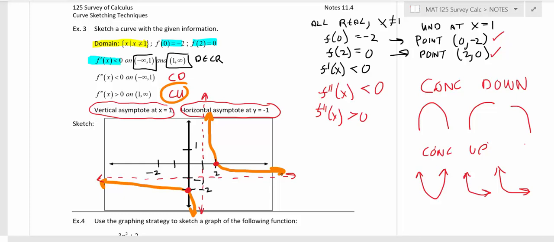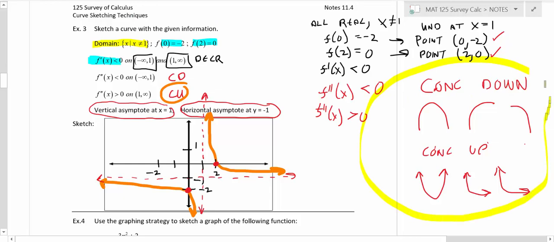Or think of your concavity like this. This is the best way to look at that. Concave down, there's 3 ways the graph can look. Concave up, I think I put one wrong, kind of like this. It kind of goes like this. Those are the possibilities. It doesn't have to be the whole happy face. It can be half of it.